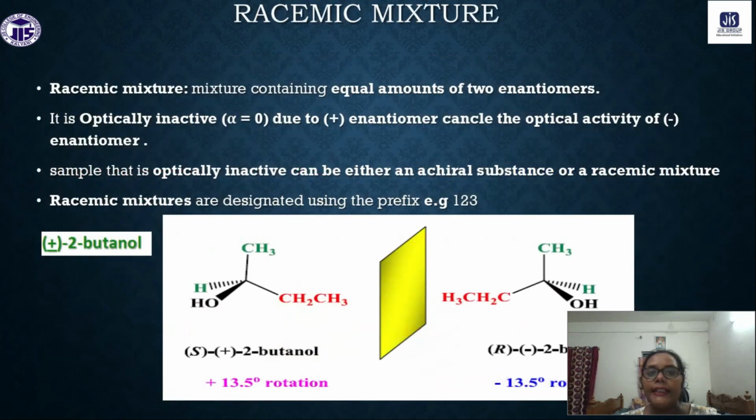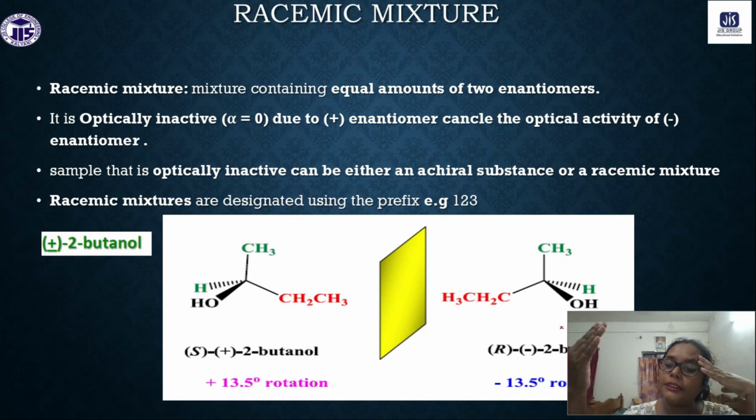Okay, next is racemic mixture, that is very important. Racemic mixture means due to the reaction, if we have two types of enantiomer, that means 50% of one enantiomer and 50% of the other enantiomer, that mixture is called a racemic mixture, and for that mixture we don't have any type of optical activity, because 50% of the enantiomer will be positive and 50% will be negative.